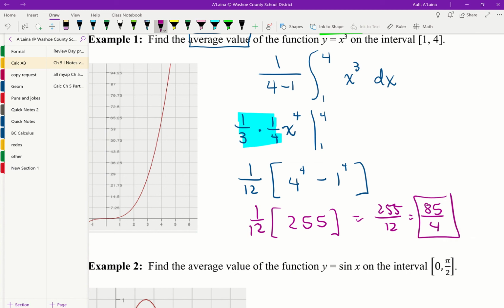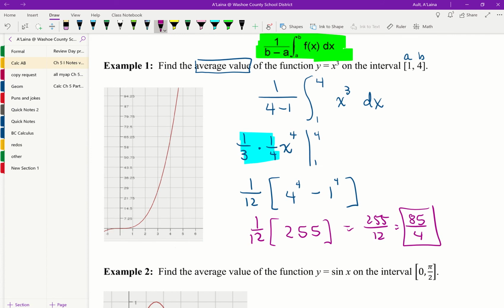Now, what does that mean? This means that if I look at the function x cubed and I look on the interval from 1 to 4, the average value or the average height or the average output of this function is 85 over 4. Well, what's that?